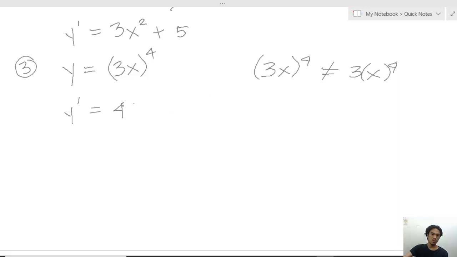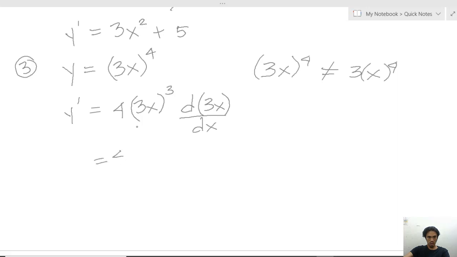So for this one, bring down the exponent, copy the base. Your base is 3x. Your exponent is 4 minus 1, which should be 3. And the derivative of your base, 3x, with respect to x, of course.